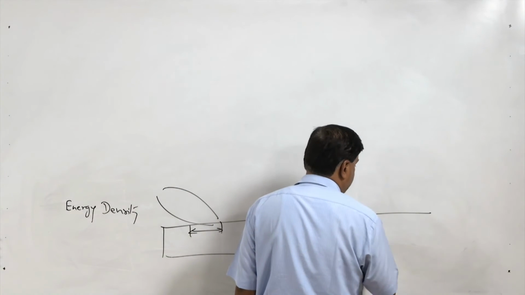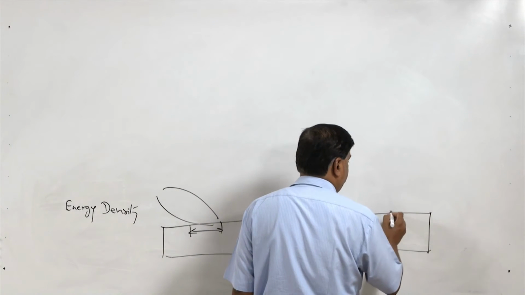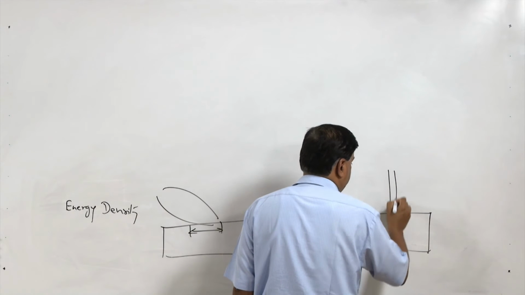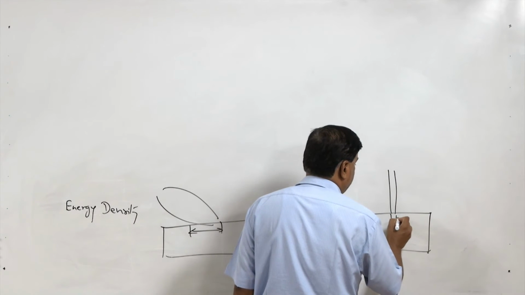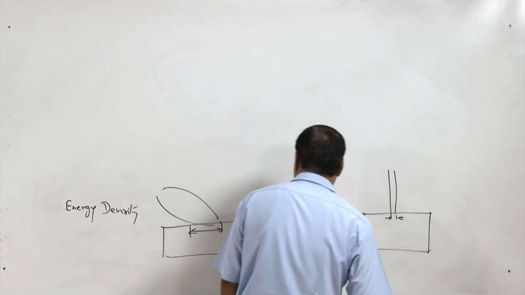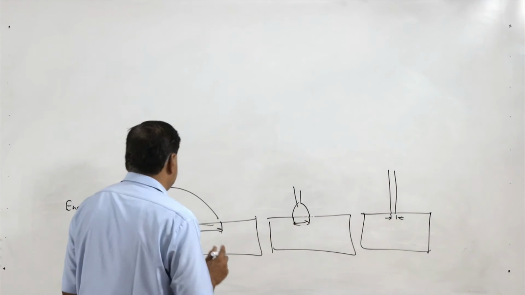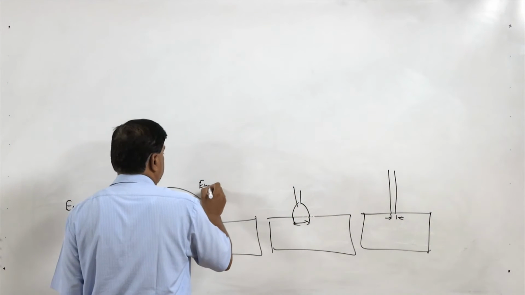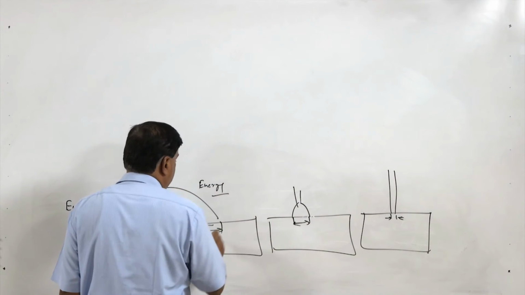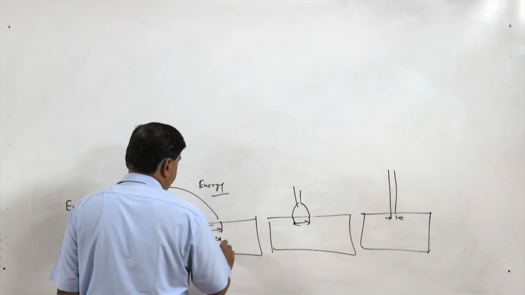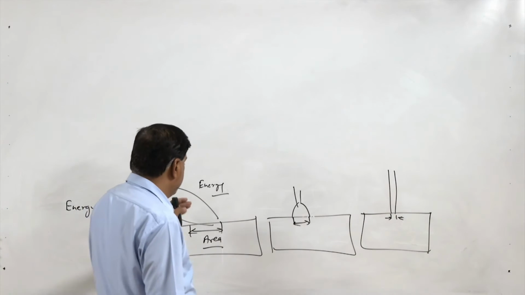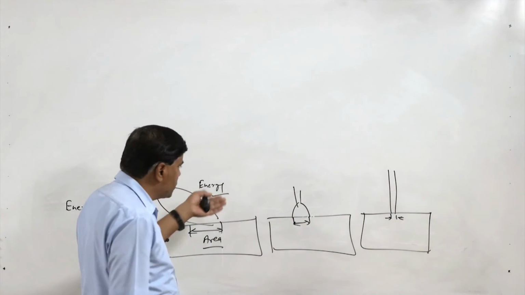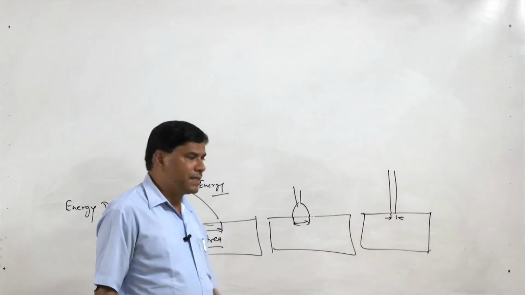And then the laser beam or electron beam is applied over a still smaller area. So there are two aspects: one is the energy associated, and another is the area over which it is applied. The ratio of these two gives us the energy density.